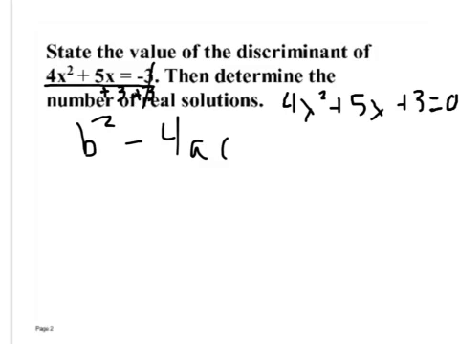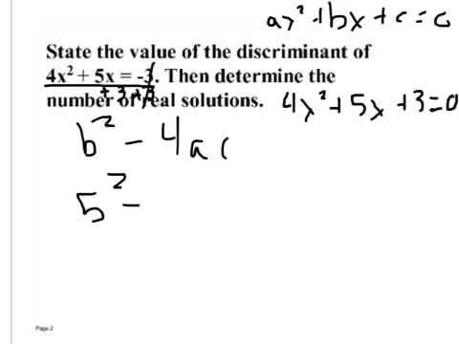Alright, so what is my b? Someone raise your hand, tell me my b. Cameron, what is b? It's 5, because remember, it's ax squared plus bx plus c equals 0. So 5 squared minus 4 times a.